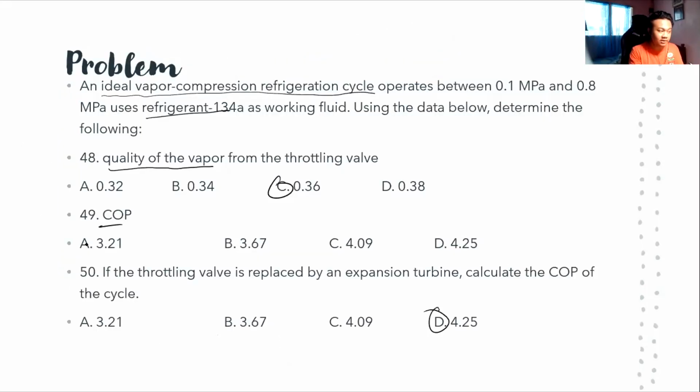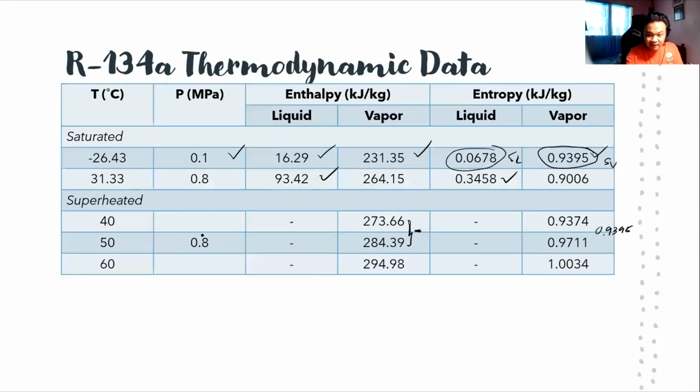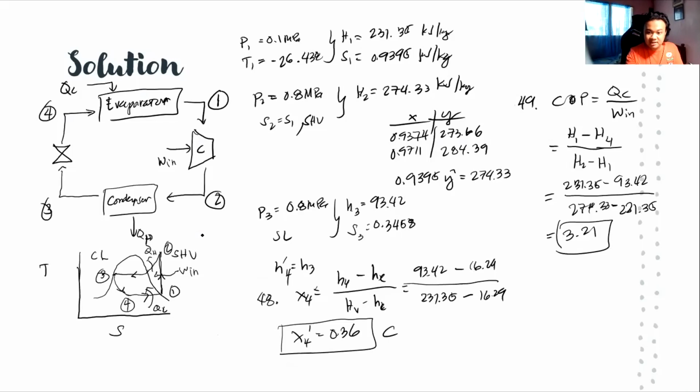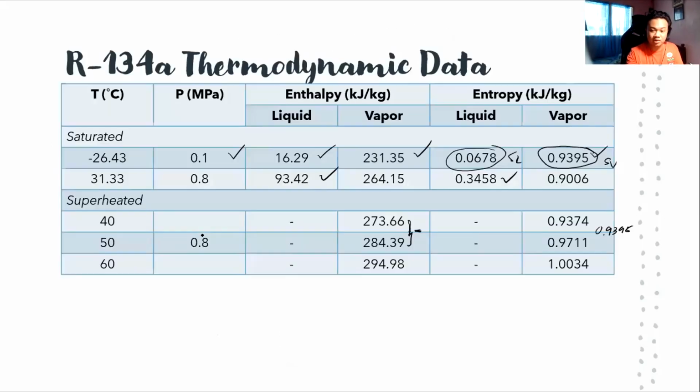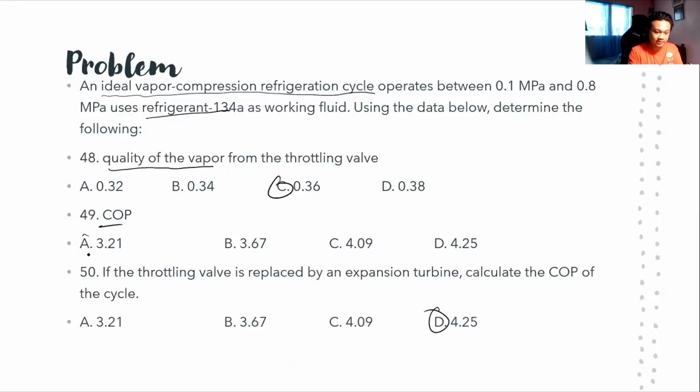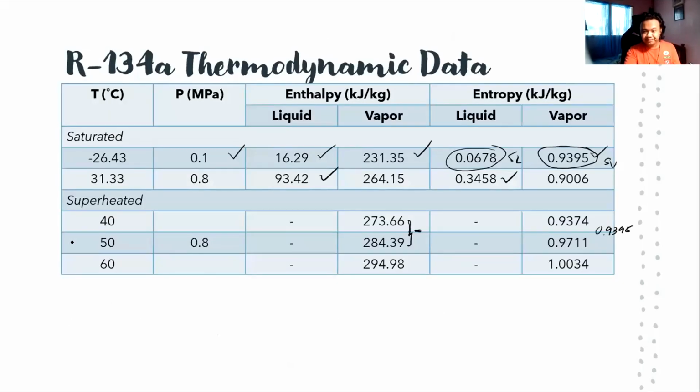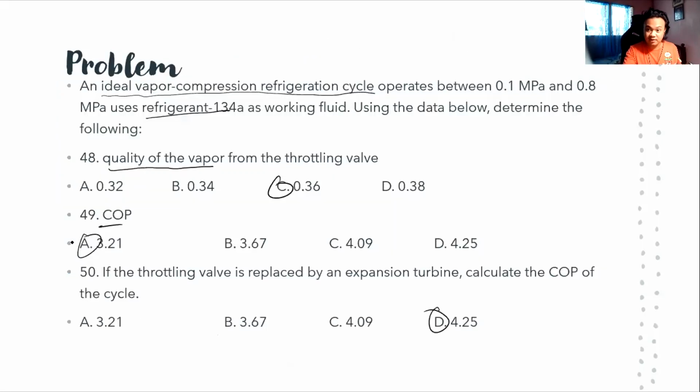And the COP from earlier was 3.21, di ba? That's letter A.